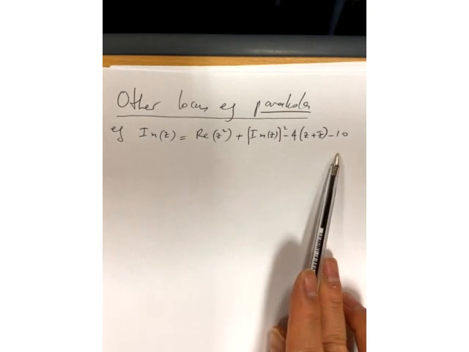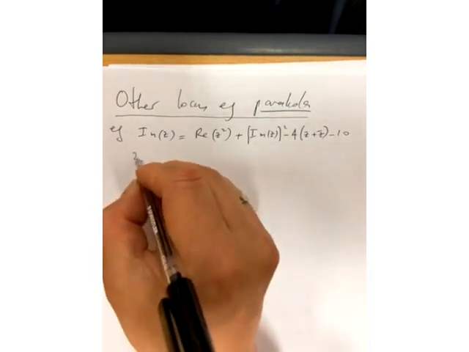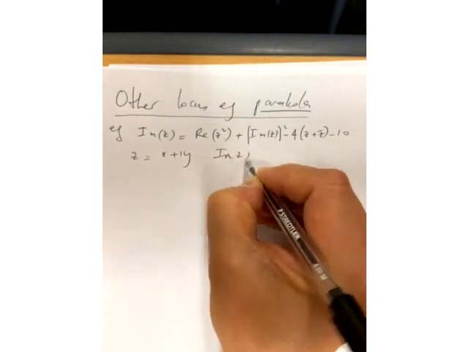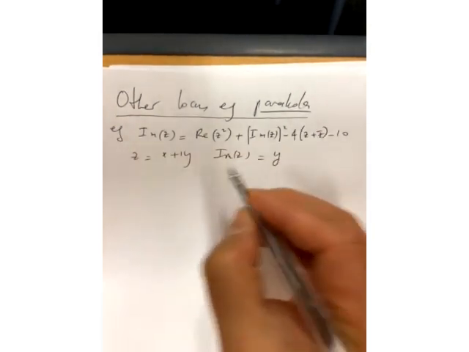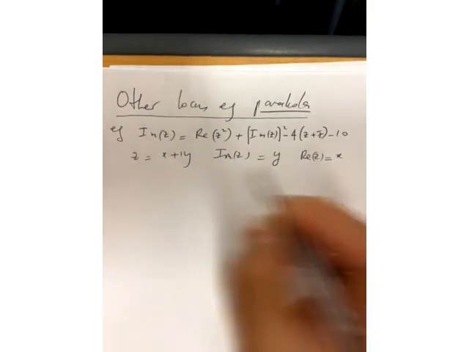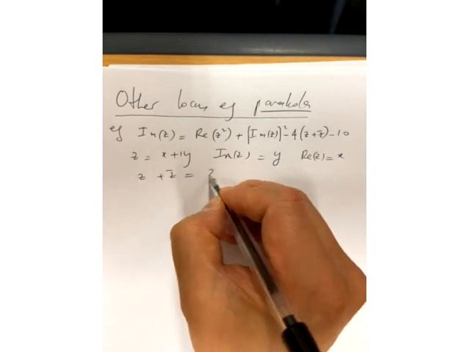But if you know your definitions, it's not that scary. First you have to let z equal x plus iy. So Im z is nothing more than y, and Re z is nothing more than x, and z plus z bar is basically 2x.